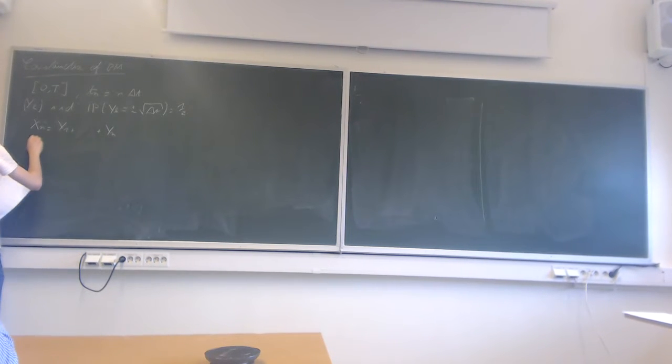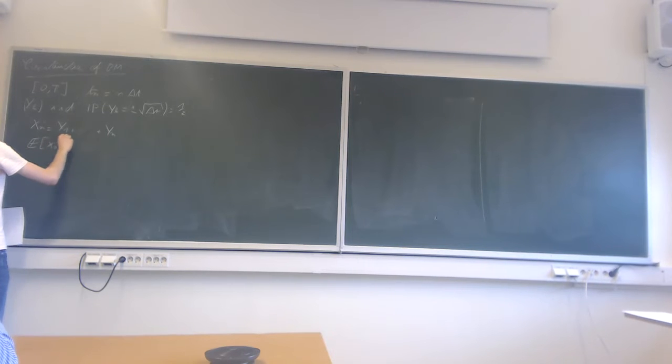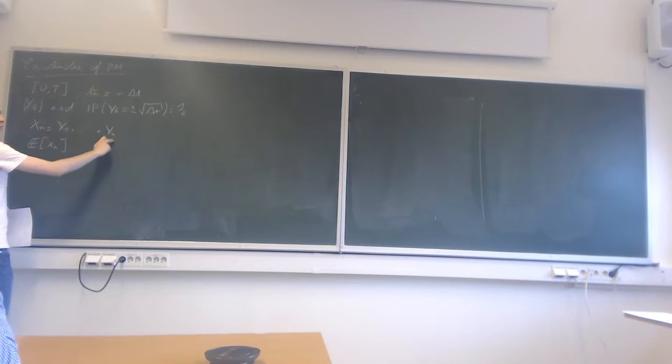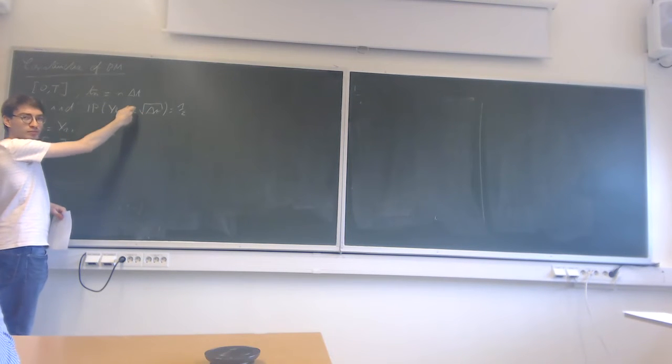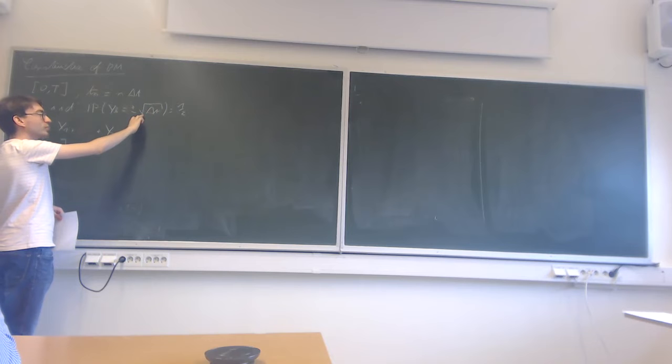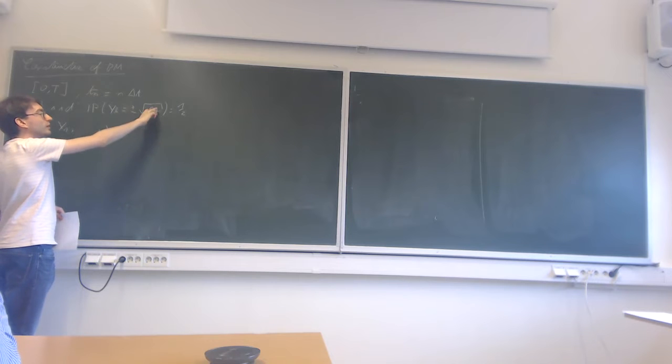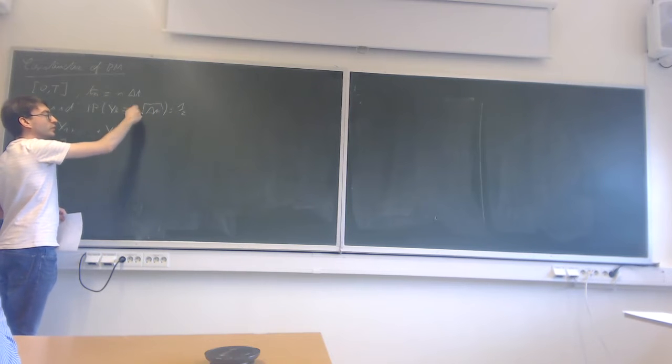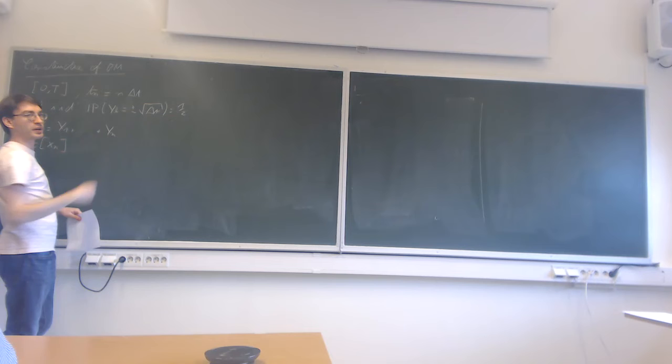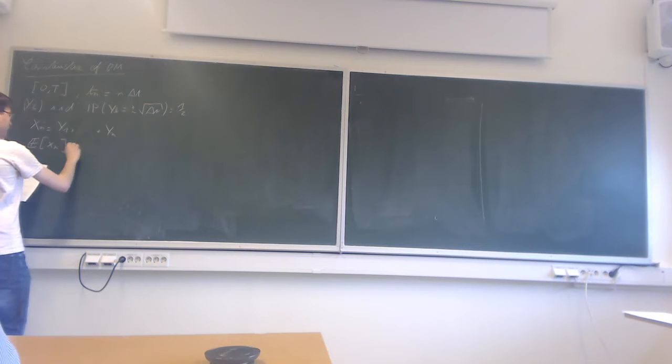So here you can see that the expectation of Xn is the sum of the expectations of each term, which is 0, because it's the square root of delta t with probability 1/2 and minus the square root of delta t with probability 1/2. The expectation is 0.